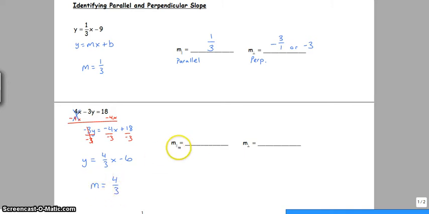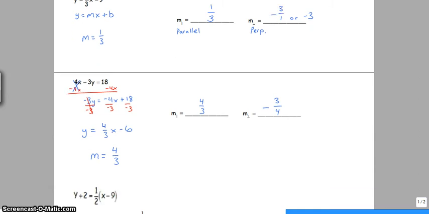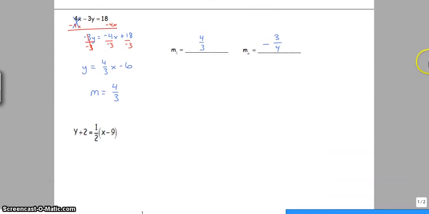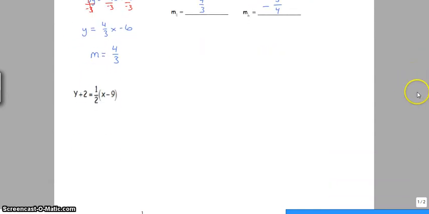Then any slope parallel is exactly the same. Perpendicular is opposite. This is positive, this is negative, and reciprocal, flip the fractions. The one other type that you're going to look at for problems like this is when it's in point-slope form. If it's already in point-slope form, remember that's y minus y1 equals m times x minus x1.